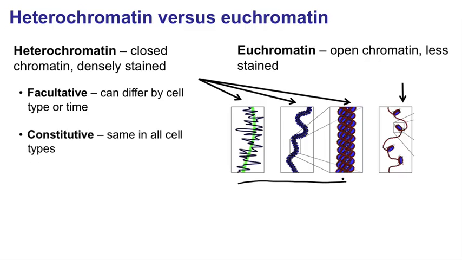Open chromatin is generally known as euchromatin, and this is because it was pale in its staining. It wasn't densely stained, and because it was fairly open, there were fewer molecules to absorb the DNA stain. In comparison, heterochromatin is closed chromatin, and this is because it's densely staining, and that's what the term heterochromatin really means, where it stems from originally.